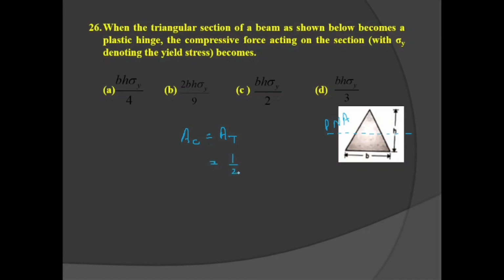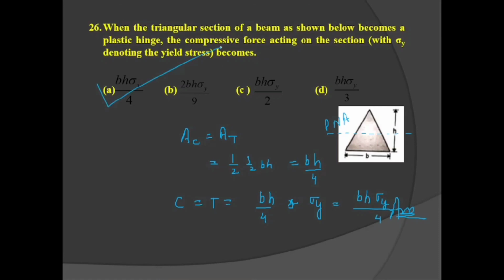The compression zone is half into B into H, half the total area, that is BH by 4. So either compressive force or tensile force is simply area into stress. Stress is sigma y for the plastic section.